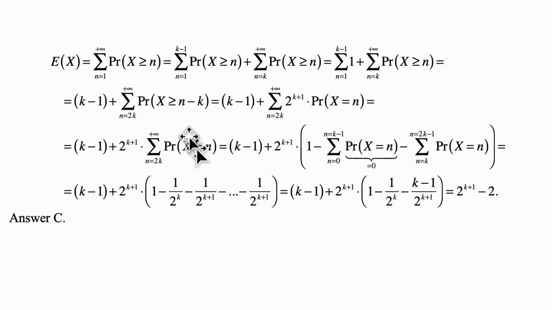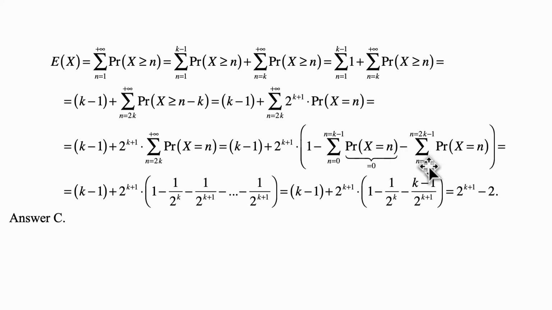This becomes 1, this is 1 minus the probability of values that happen before 2k, which is the first one that we consider here. So this is, again, 1 minus the sum from n equal to 0 to n equal to k minus 1 of the probability that x is equal to n, which is all 0 because you can't have x equal to anything smaller than k for k consecutive values that are the same.